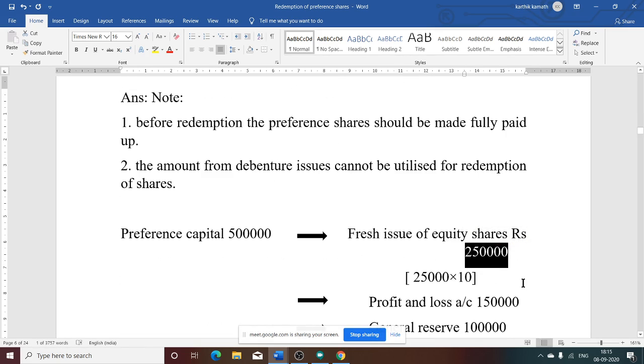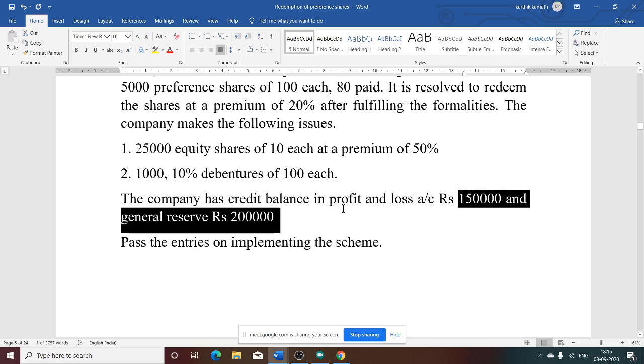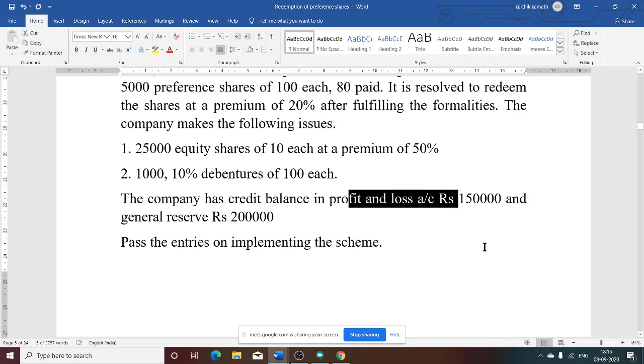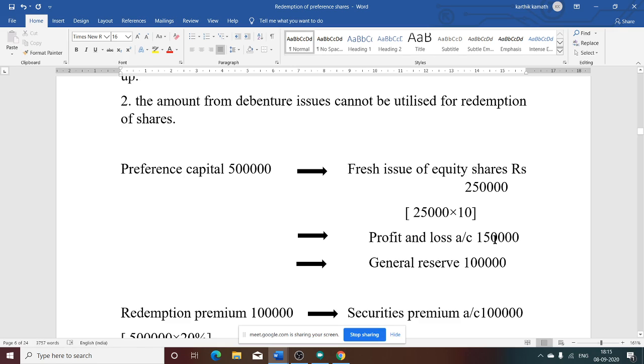So 2,50,000 is from the fresh issue. Still 2,50,000 is remaining from 5 lakh. From where will it take the remaining amount? The profit and loss account information is given in the problem, that is 1,50,000. So we will use the full 1,50,000 of the profit and loss account. Then 5 lakh minus 2,50,000 minus 1,50,000, again 1 lakh is remaining.